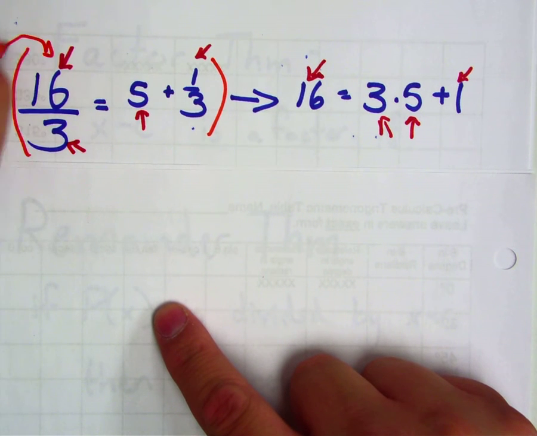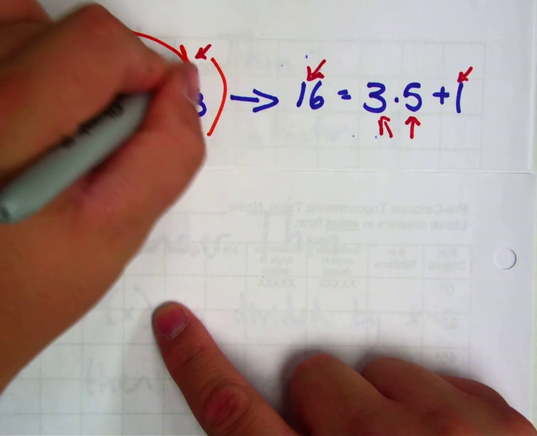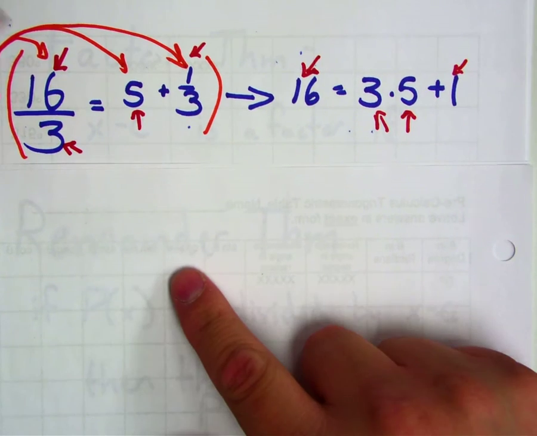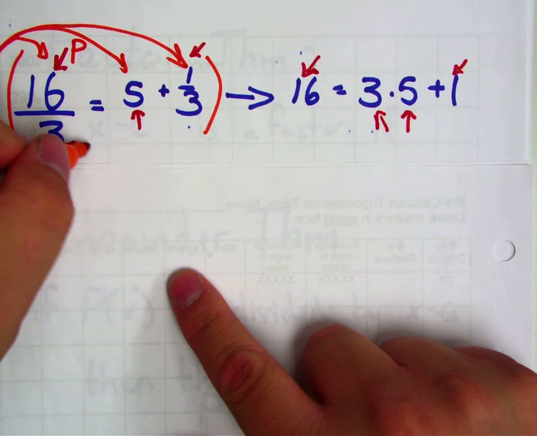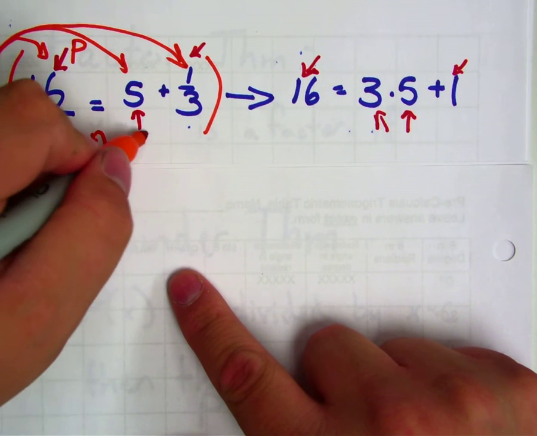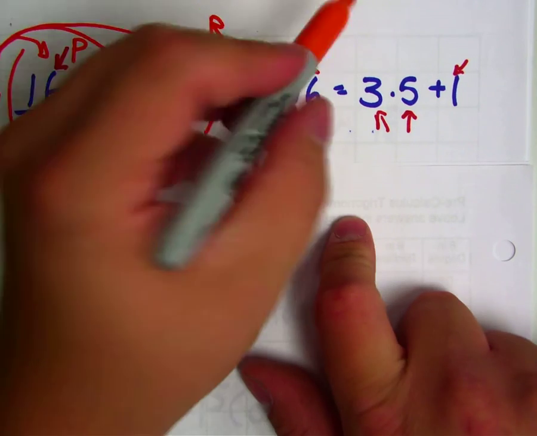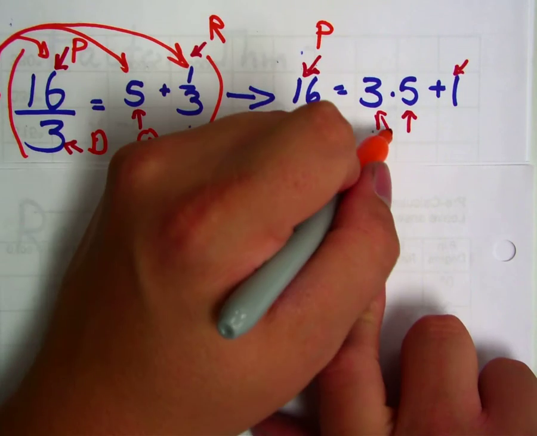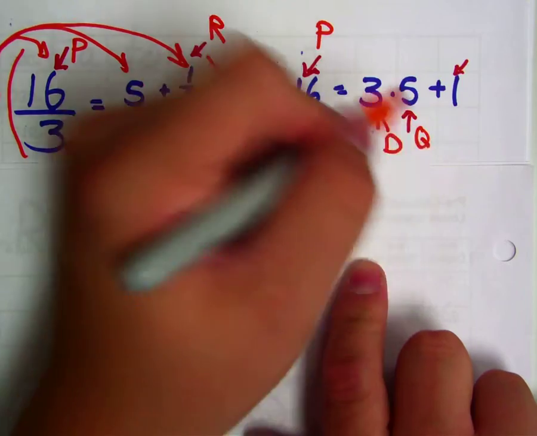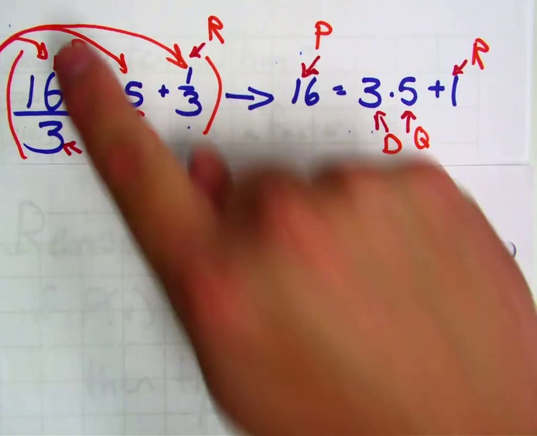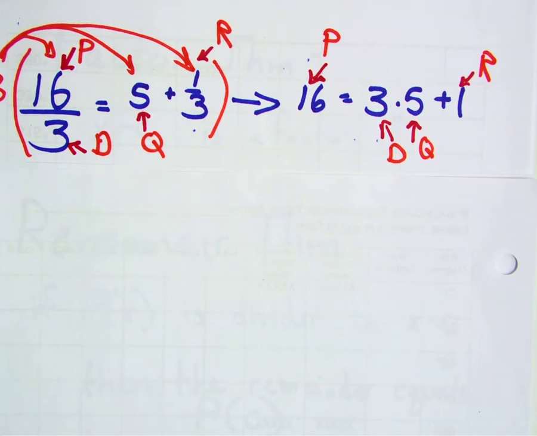When you distribute it to all three terms, you'll see that we get this fact here. And in the polynomials, we'd call that p, that d, that's q, and that's r. And by multiplying by 3, now we have p, d, q, and r, or our polynomial, our divisor, our quotient, and our remainder.